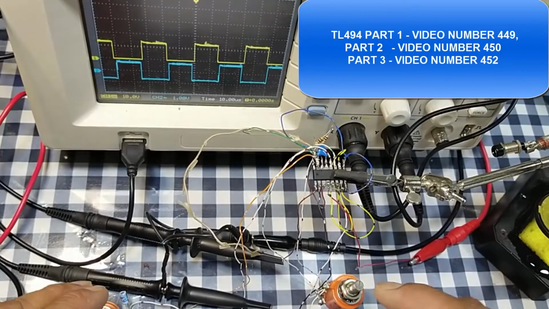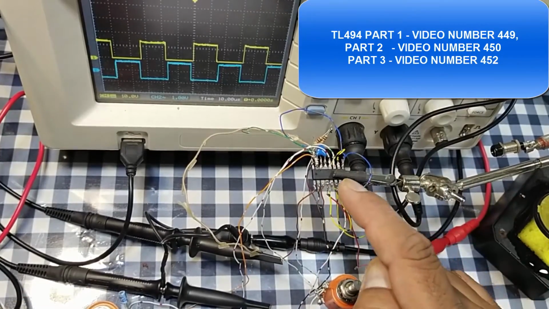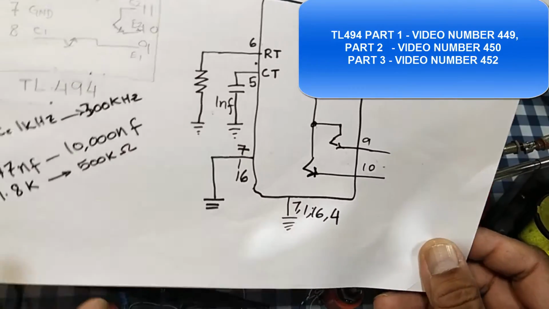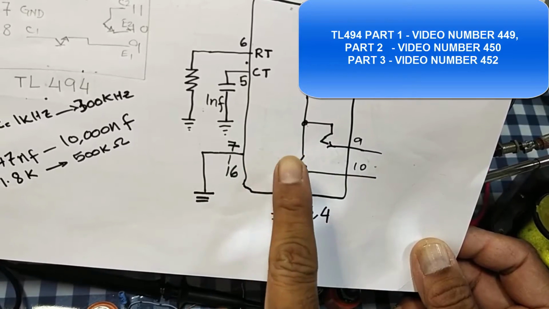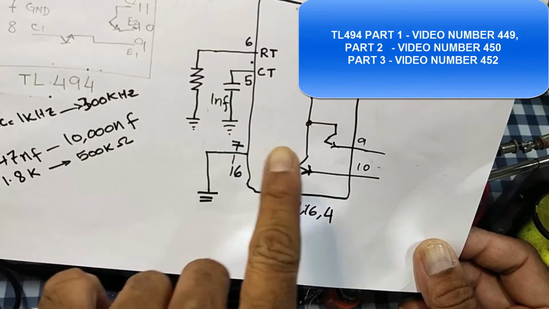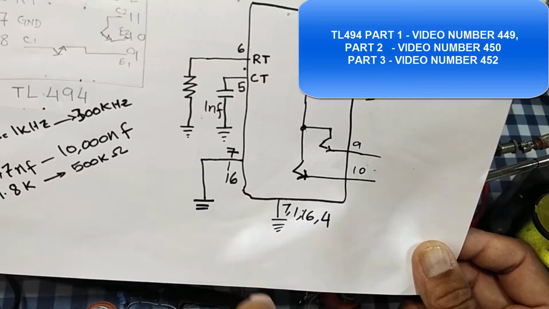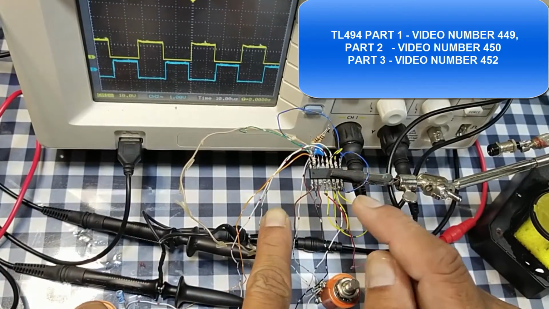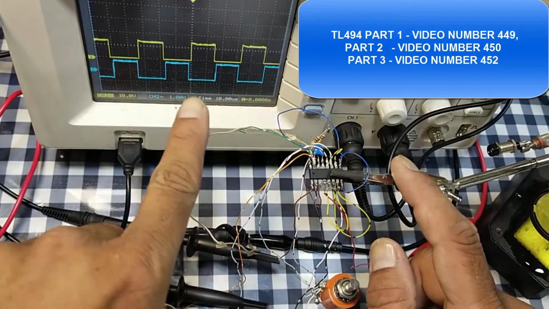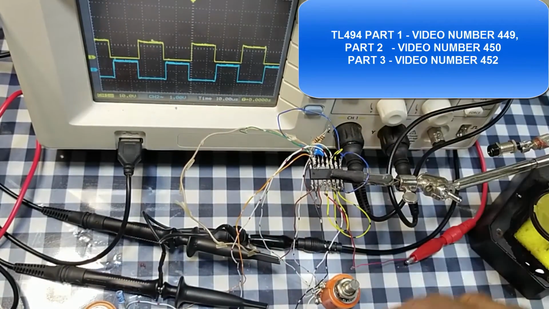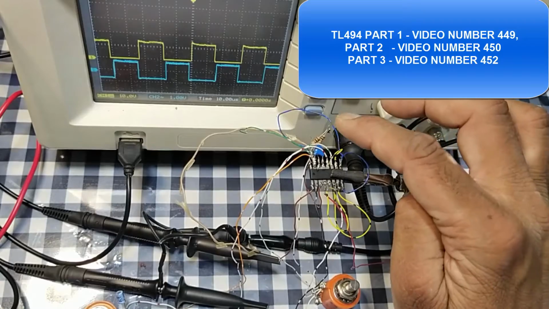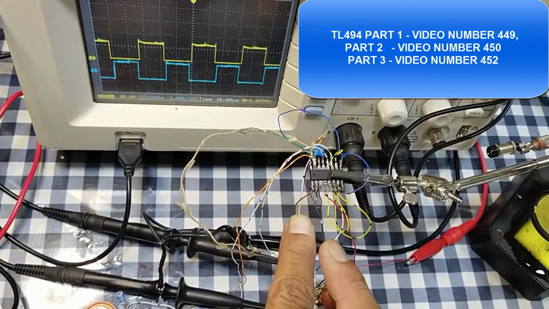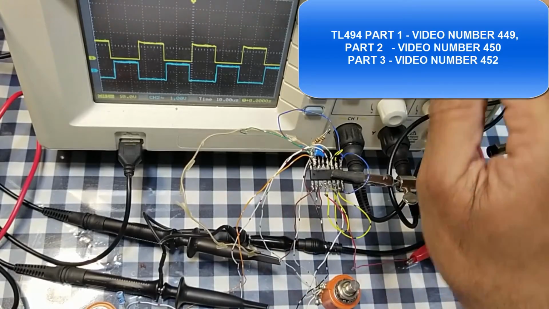In our last video we discussed how we can configure TL494 and how we can make the wiring for TL494 to get our required frequency. We calculated this push-pull driver for 60 kilohertz frequency at pin number 5 and 30 kilohertz at each pin in the output section.